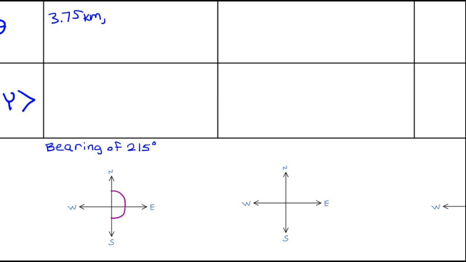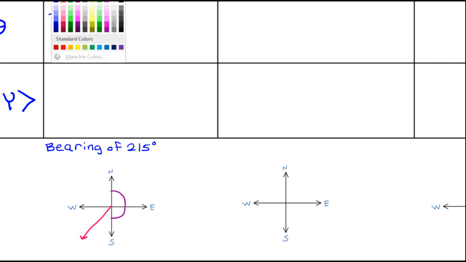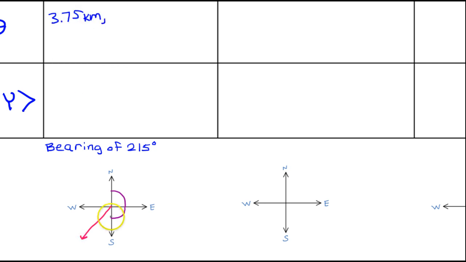That lets me know that the vector is here in the third quadrant. So I'm going to draw my vector into the third quadrant, and I will finish my bearing angle. Okay, so this is what is meant by a bearing of 215 degrees.